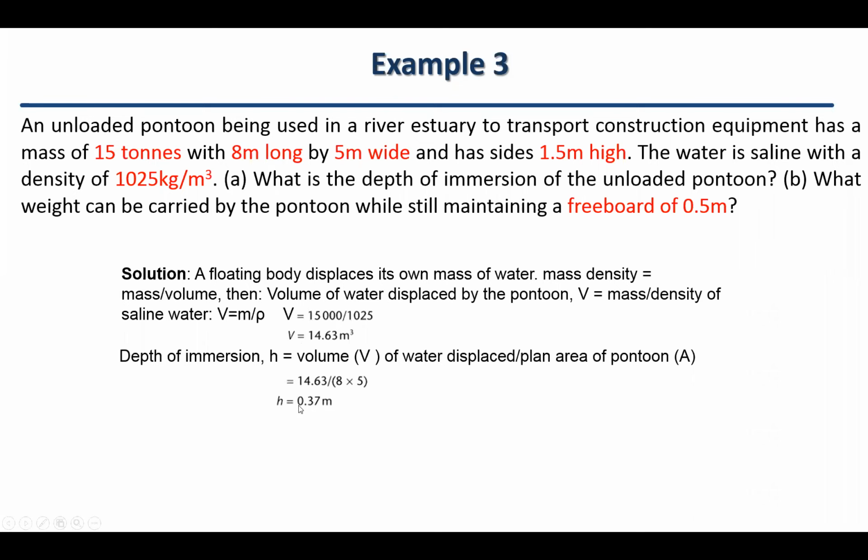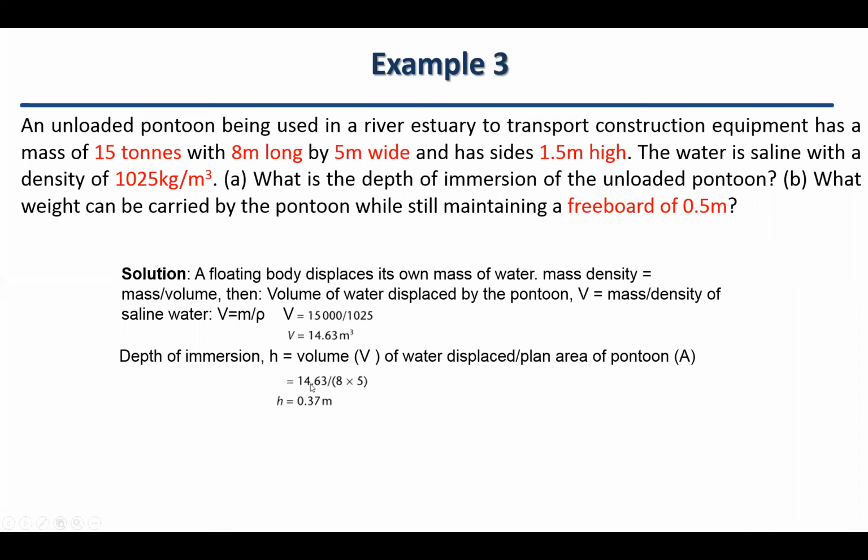If we do this with 1 meter, we can work in the reverse situation to calculate the volume of water displaced, and from that calculate the total mass, which is equal to the mass of the pontoon plus the mass of the weight that can be carried.